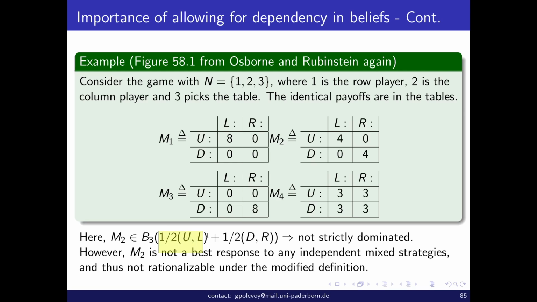So with half probability, players 1 and 2 play up-left, and with half probability they play down-right. Now in this case, M2 is a best response for player 3, because M1 gives half of 8, which is 4, M2 is 4, M3 is 4, and here 3.